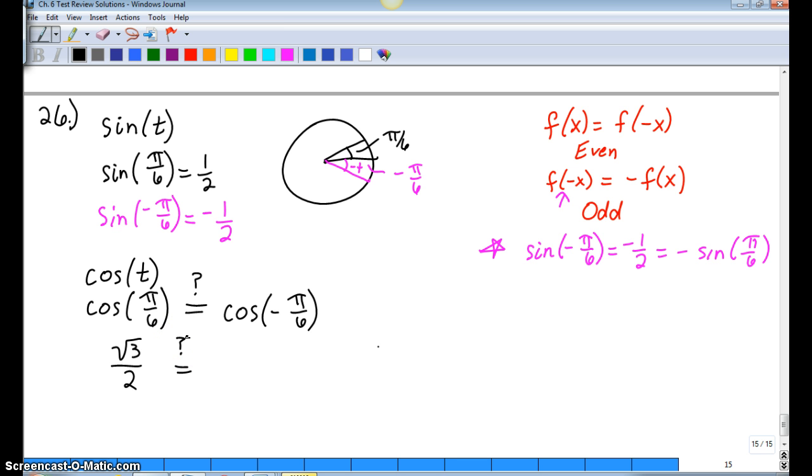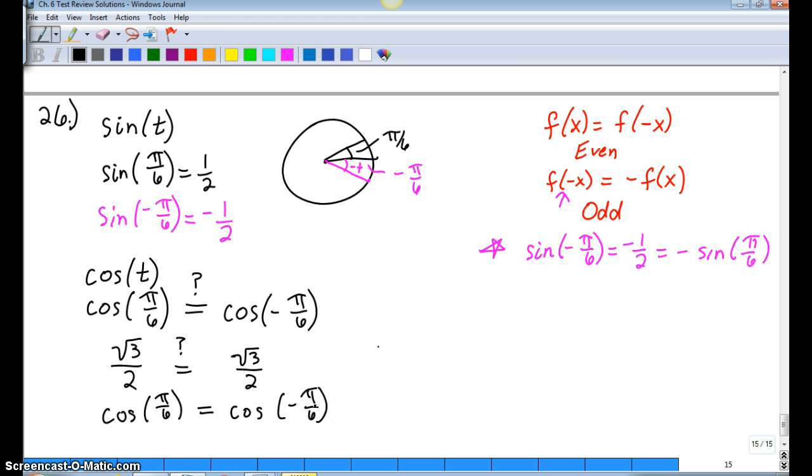Cosine of negative pi over 6. Okay, so negative pi over 6. We're down here again. Reference angle is pi over 6, so cosine is still going to be the square root 3 over 2. But we know that cosine is also going to be positive again. So yes, in fact, cosine of pi over 6 does equal cosine of negative pi over 6.